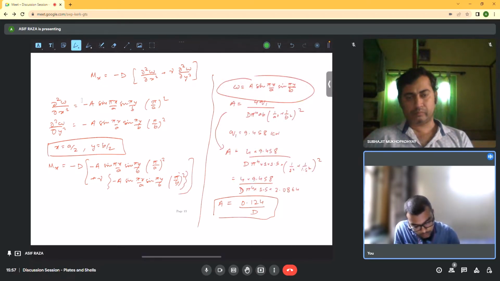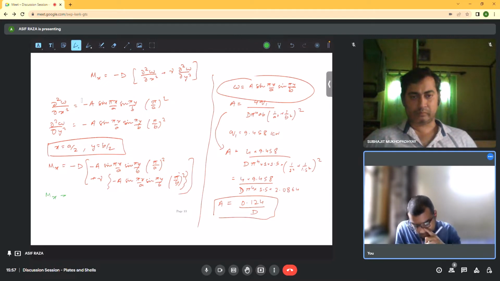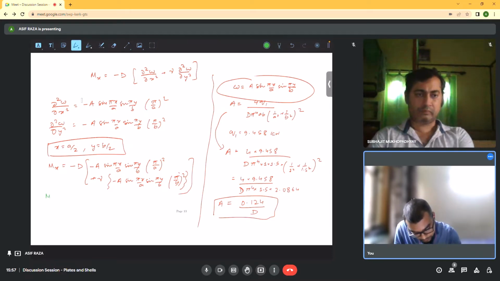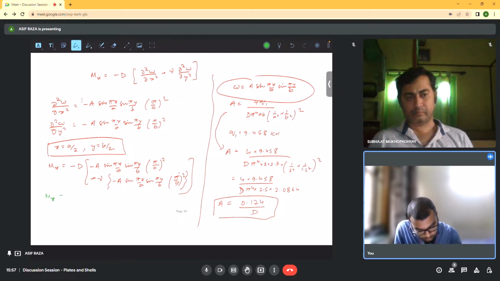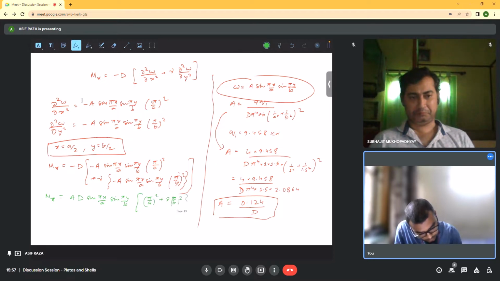If we take A common out, mx is equal to A D sin(pi x by a) sin(pi y by b) times [(pi by a) whole square plus mu (pi by b) whole square].